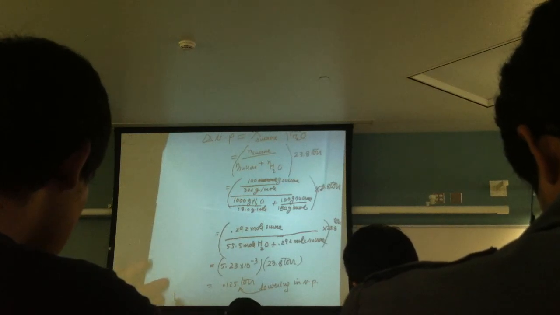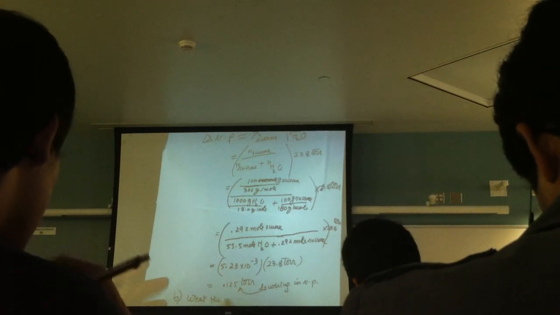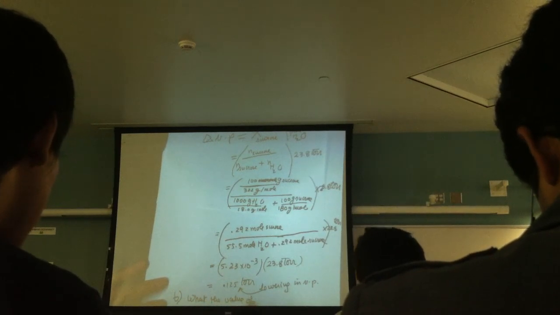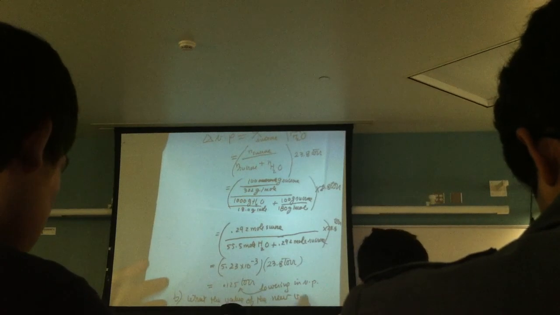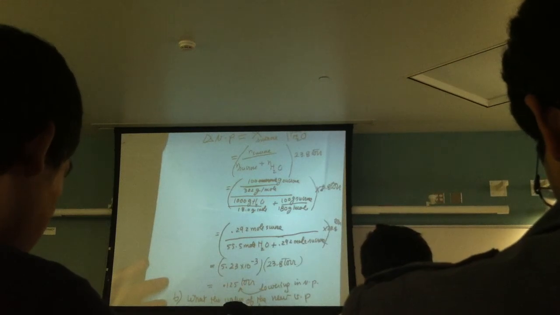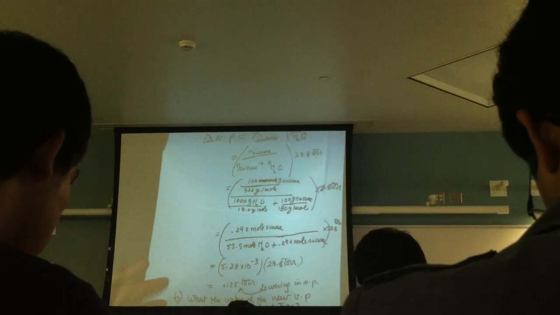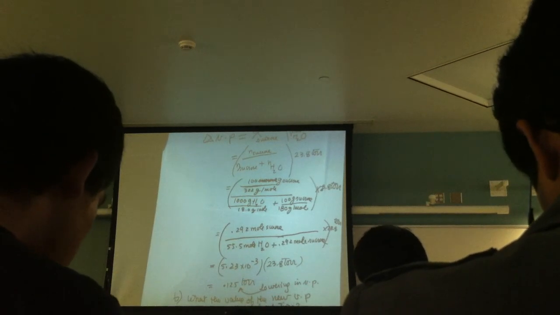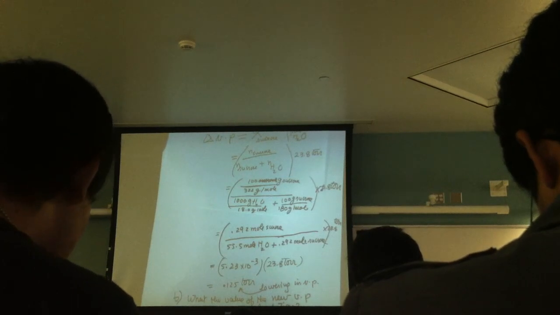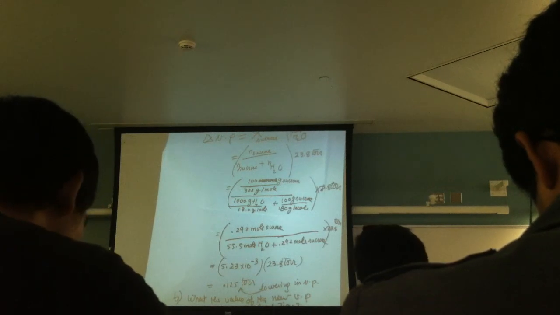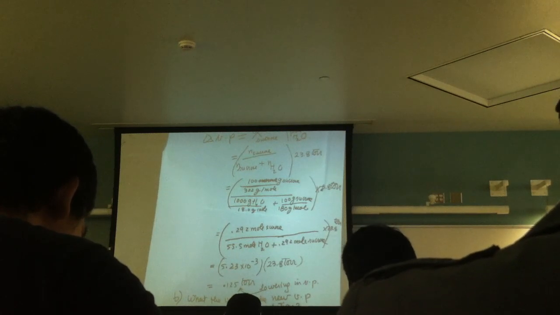Let's do part B. What is the value of the new vapor pressure of the solution? Would you kindly add part B? What is the value of the new vapor pressure of the solution? What do you do, young people?